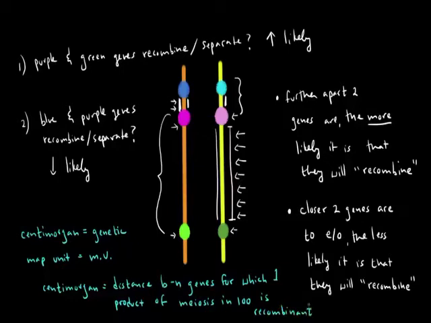To put that in simpler terms, it means that if two genes are 1 centimorgan apart, then 1 out of 100 times, or 1% of the time that meiosis happens, those two genes will be recombinant, or separate, or recombine. And we'll actually do an example of this to illustrate what this means.